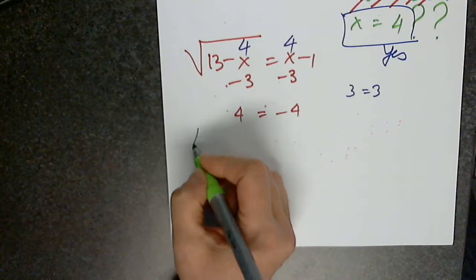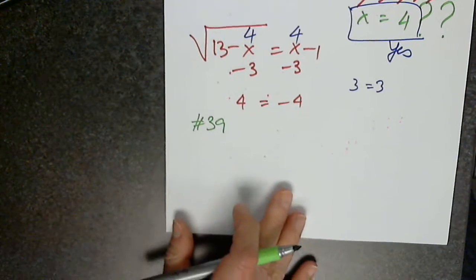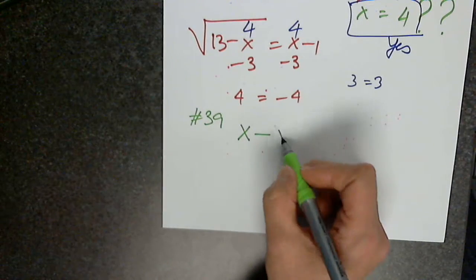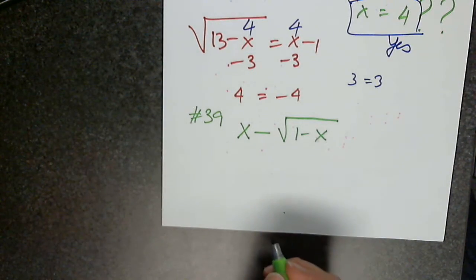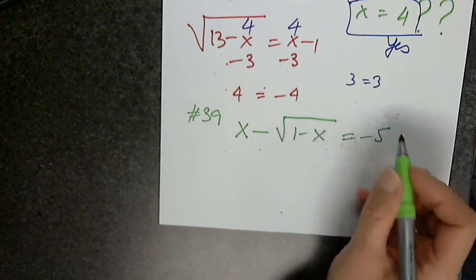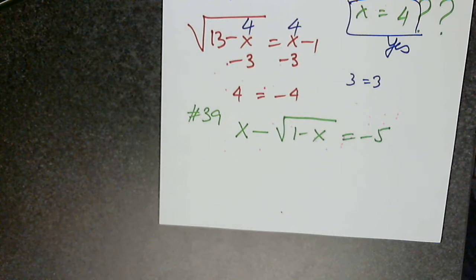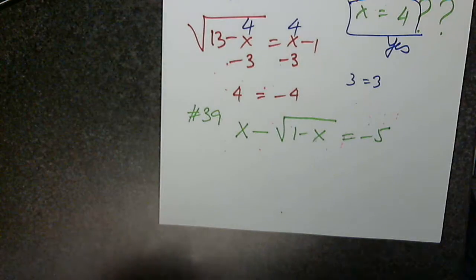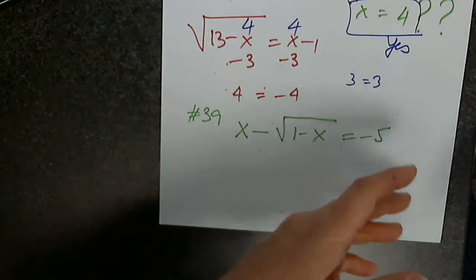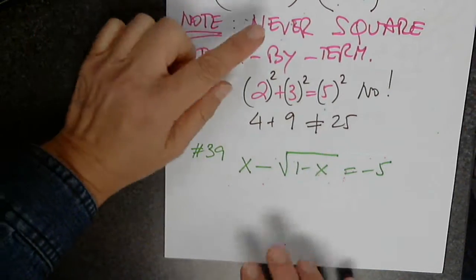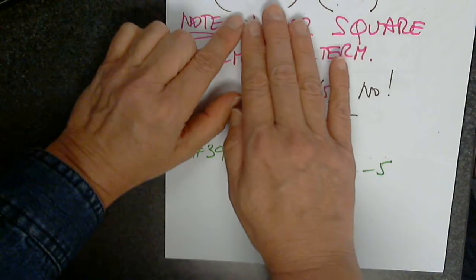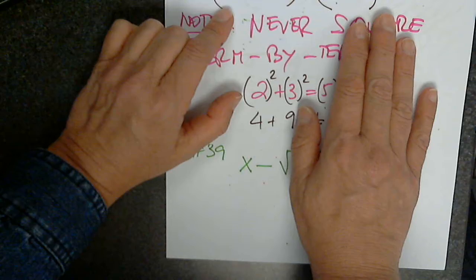Problem 39. X minus the square root of y minus x equals -5. In comparison to the previous one, you have here an additional step. In that one, the radical was already isolated.